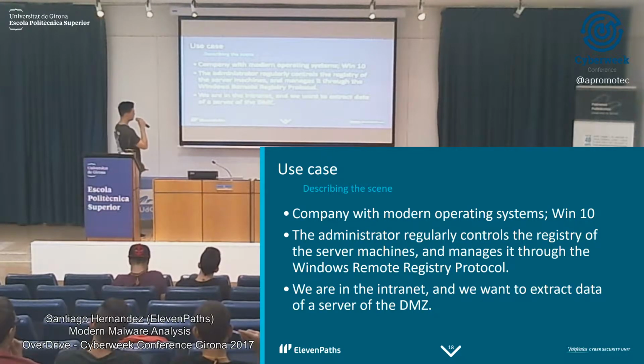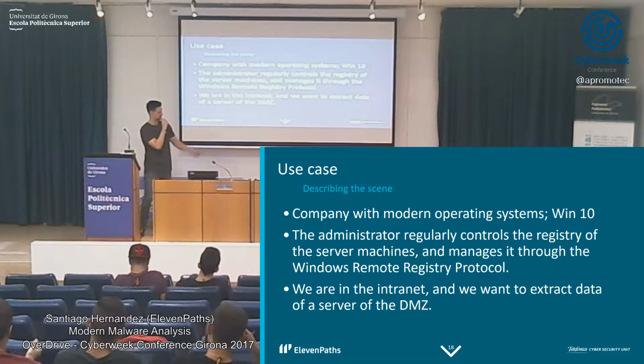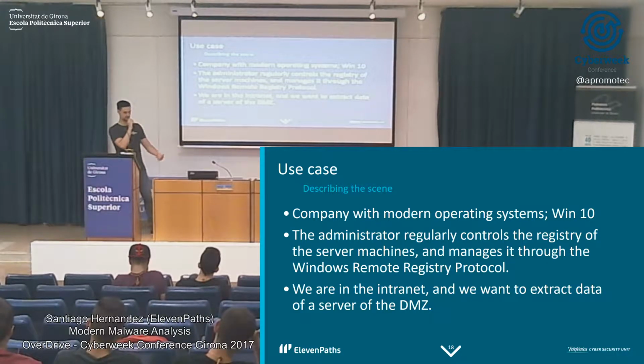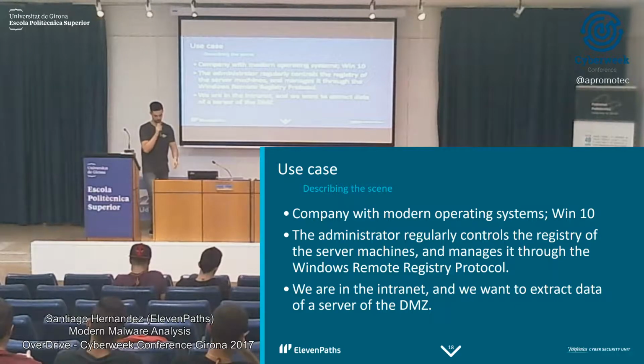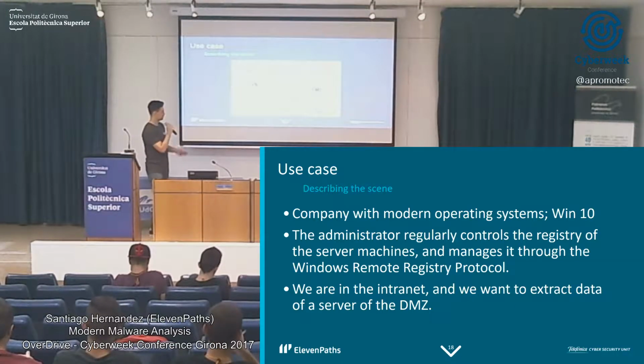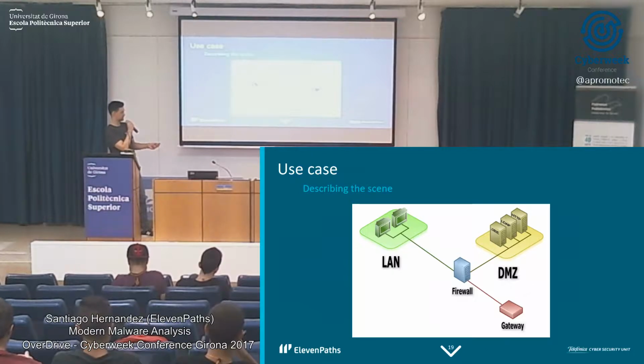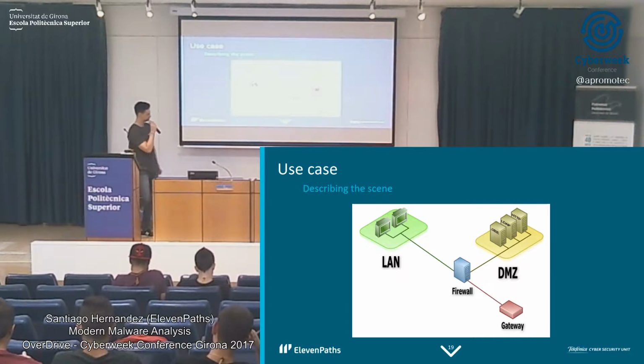What we want is to access those servers and extract some information from them. But we can't access the servers from our network, because there is a firewall. But we know that the administrator manages those servers through some protocols. For example, he uses the remote registry protocol of Windows to manage the registry of the machines and things like that.